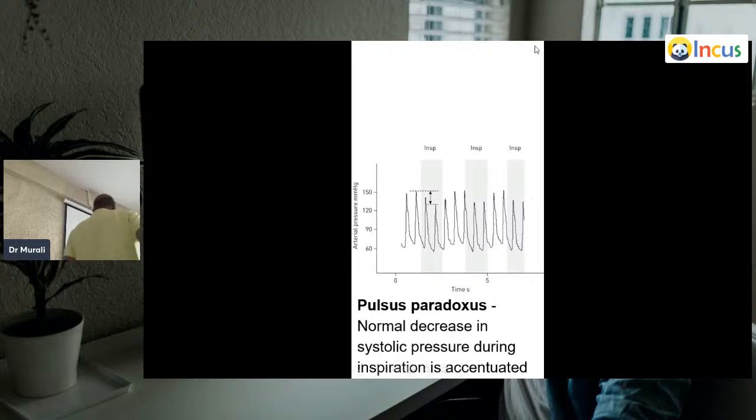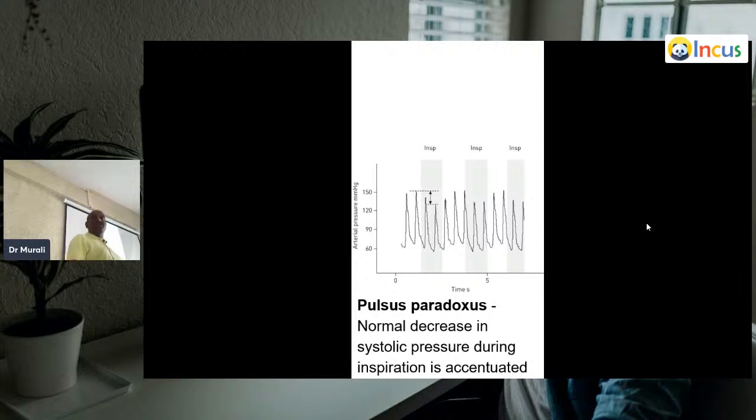So that is the reason pulsus paradoxus is, at the time of inspiration, there is a significant fall, more than 10 millimeters of mercury fall in the pulse, right? And that is called pulsus paradoxus. So pulsus paradoxus, where do you see?